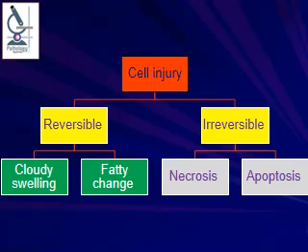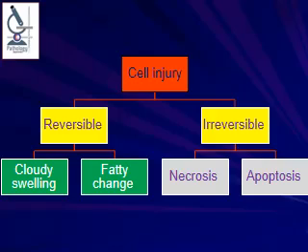First, what do we mean by cell injury? As we know, cell injury is the effect of a variety of stresses. If these stresses are mild and moderate, we are going to have a reversible form of cell injury in which recovery occurs if the stress or the inciting agent is removed.